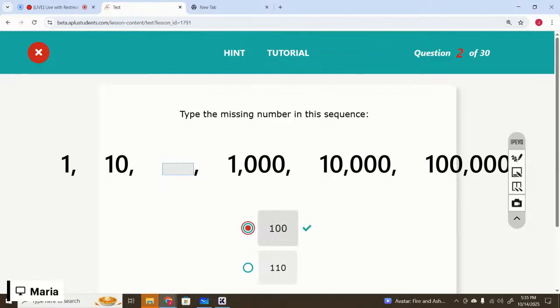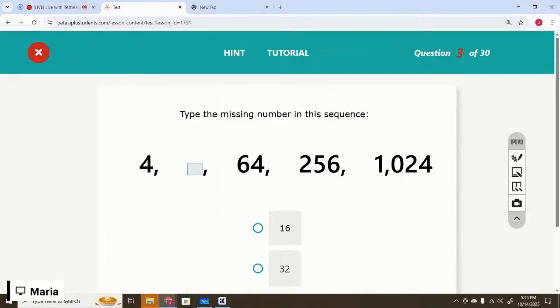Option number 1 is the correct option. 4 times 4 is 16.